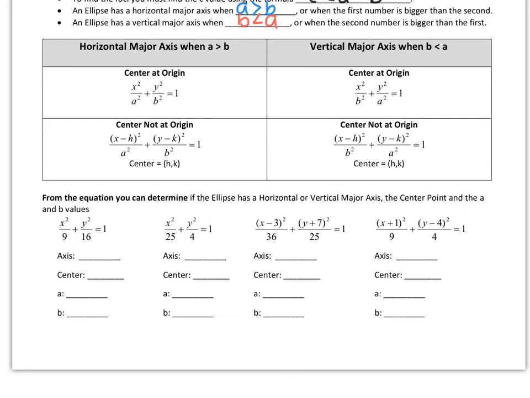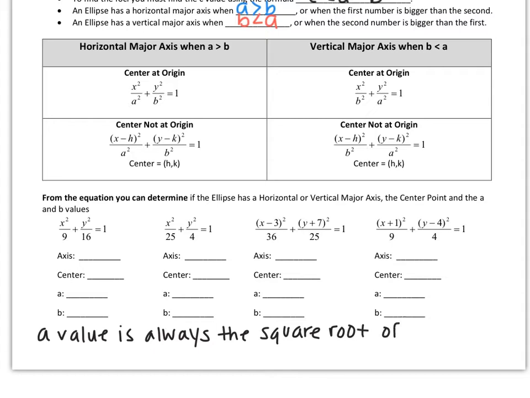Okay, so the easiest thing that I can say is that, first we should write this down somewhere. The A value is always the square root of the larger number.